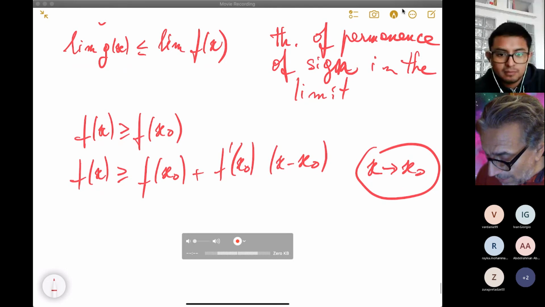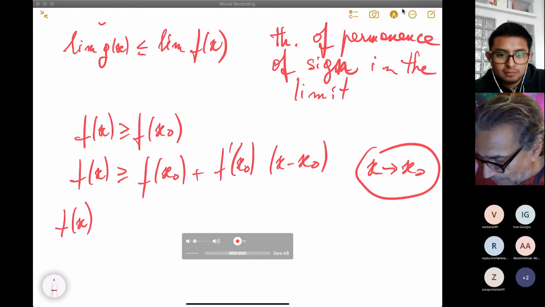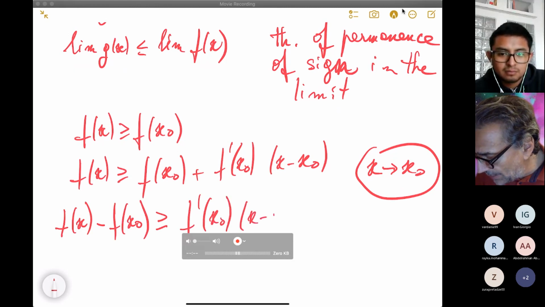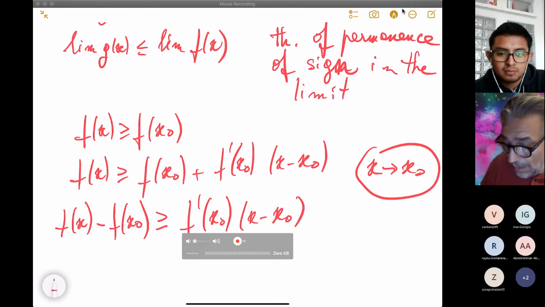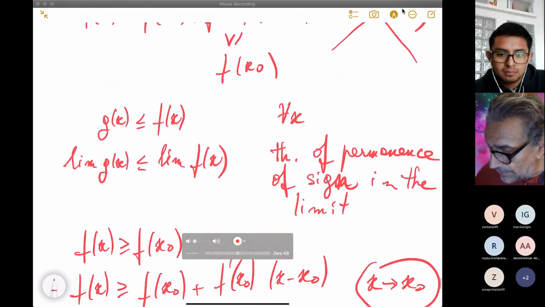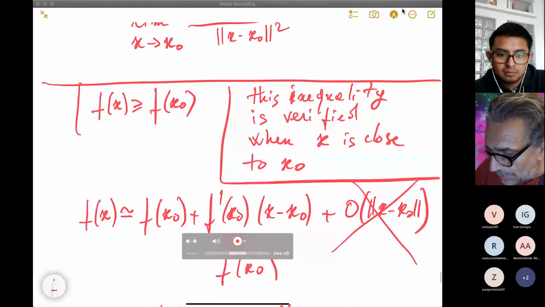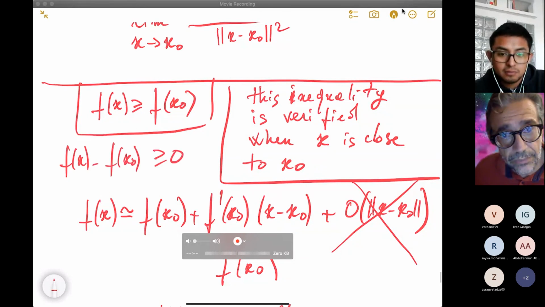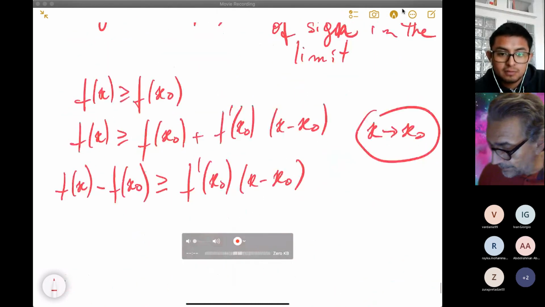Now, this implies that f of x minus f of x0 is greater or equal than f prime of x0 times x minus x0. But this quantity, because of our assumption, is positive.